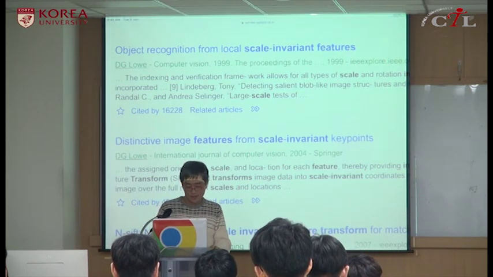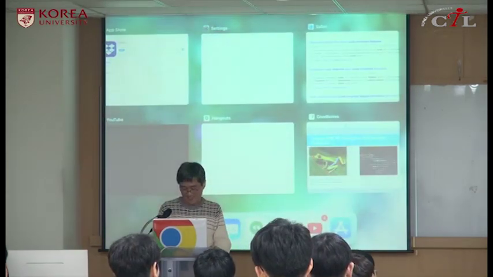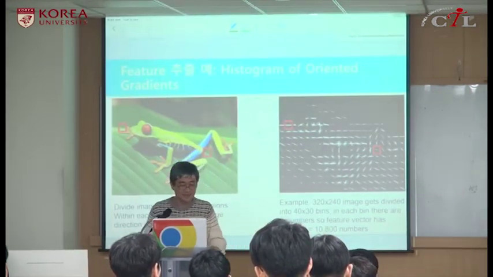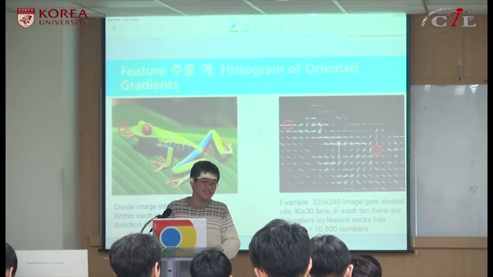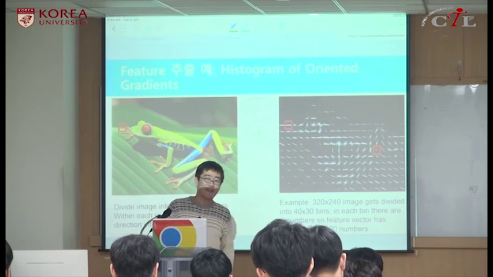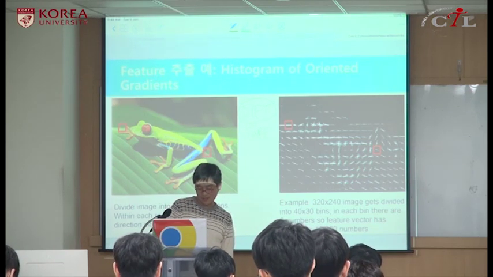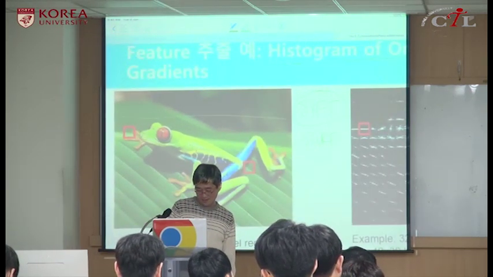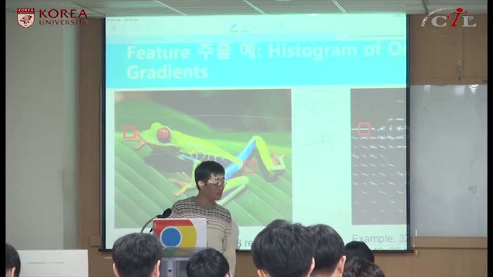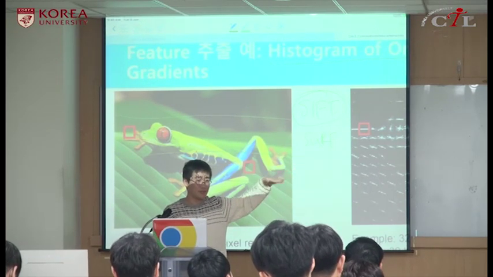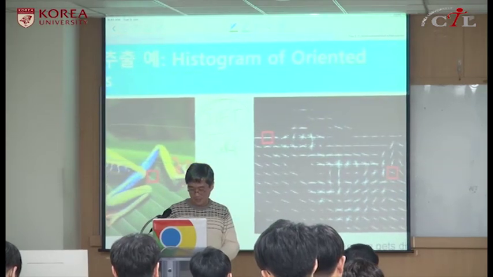SIFT was like a kind of CNN before the era of CNN, and how it works is as follows. We split this image into a regular grid, like this small grid.